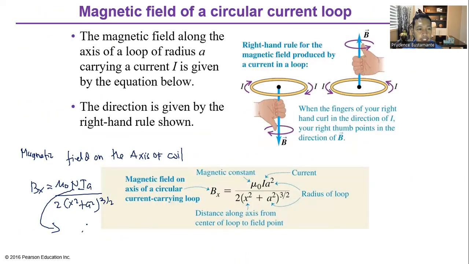If you have many coils, it is mu naught N I over 2a, the value at x equal to 0.